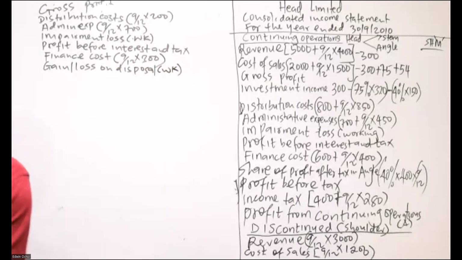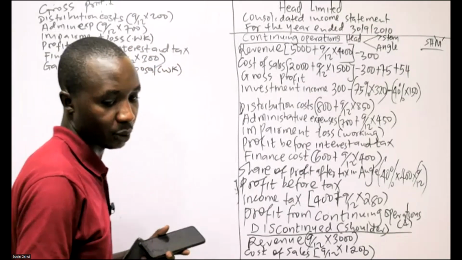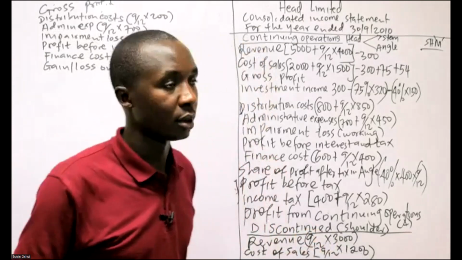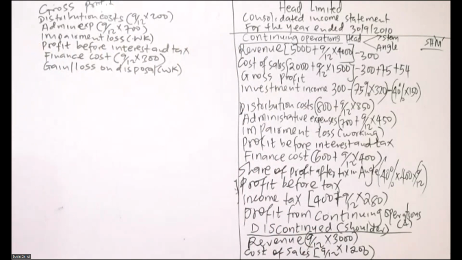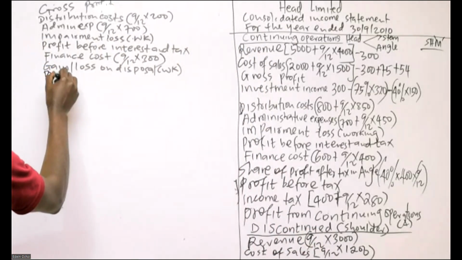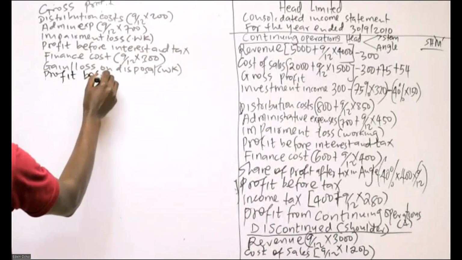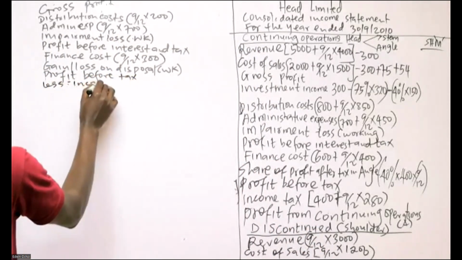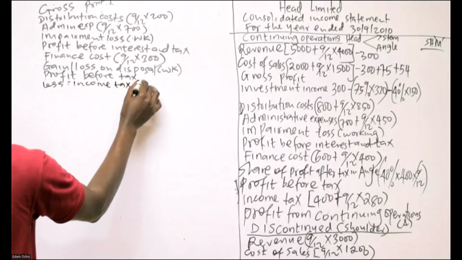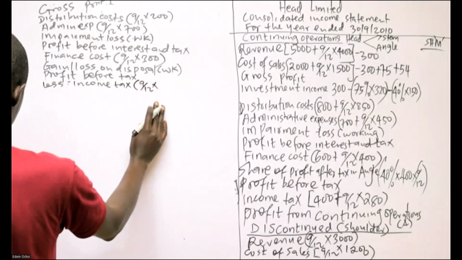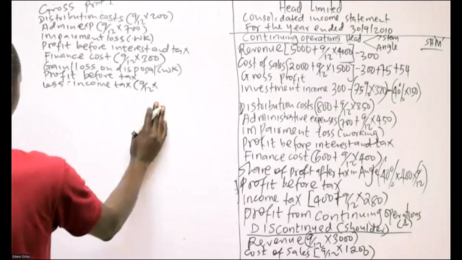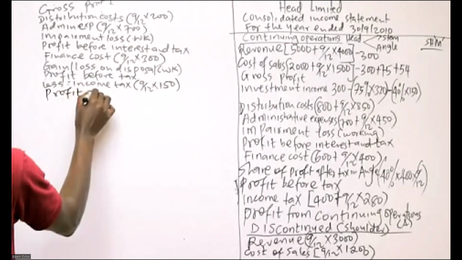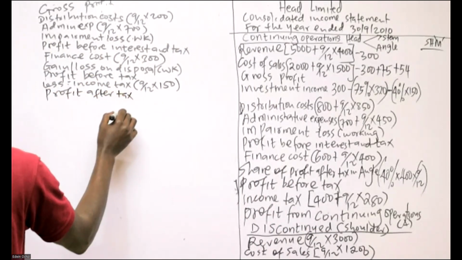You remember that first requirement of ours in our yesterday's question, the gain or loss on disposal, how you are supposed to determine. Then you say profit before tax, and less income tax. 9/12 times what? 150.